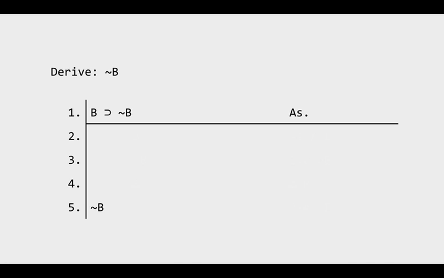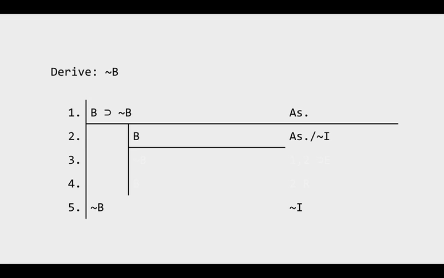So here's what I was saying about setting up the subderivation. Once you've decided you're going to use tilde introduction, set up the subderivation. You know that you're going to assume the b without a tilde, and then somewhere in the subderivation you're going to get a contradiction, b and not b, a and not a, some contradiction, and then you can end the subderivation and slap a tilde on whatever your assumption was.